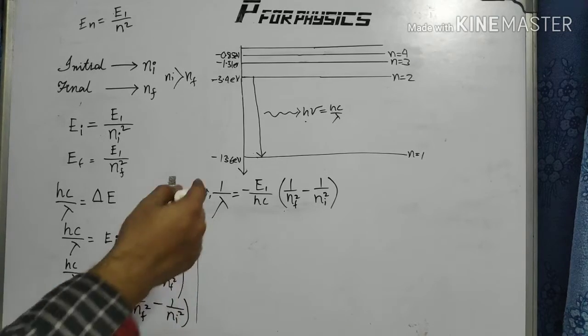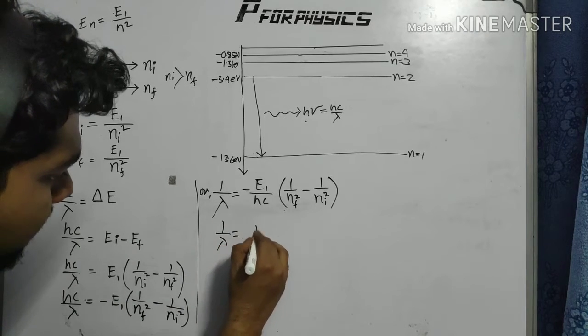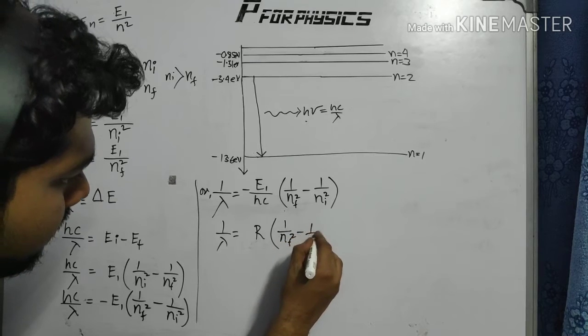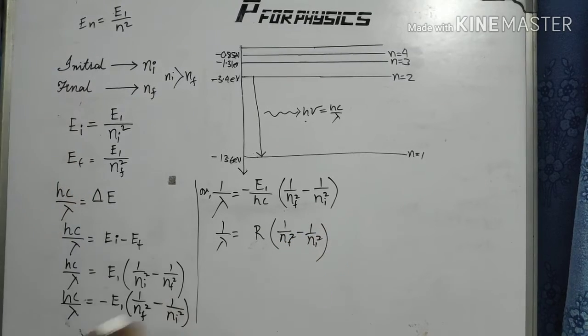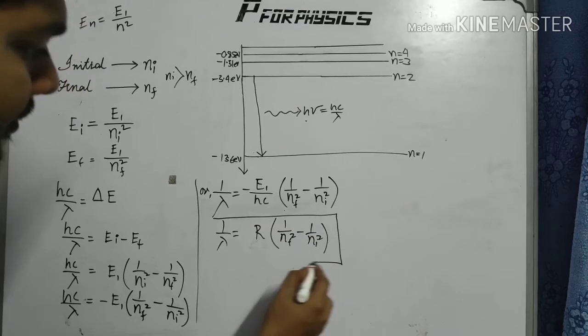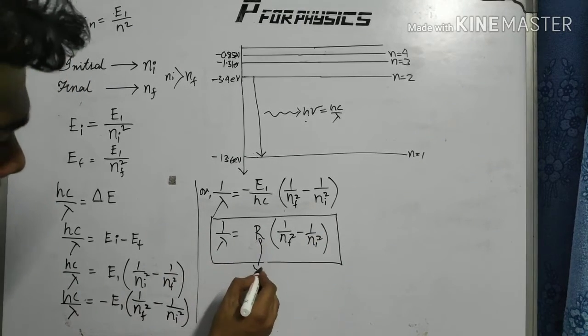So by combining them, we'll get another constant which is written as R. Okay, now this is the famous equation, Rydberg's equation, which you need to memorize very well, and this constant R is the Rydberg's constant.